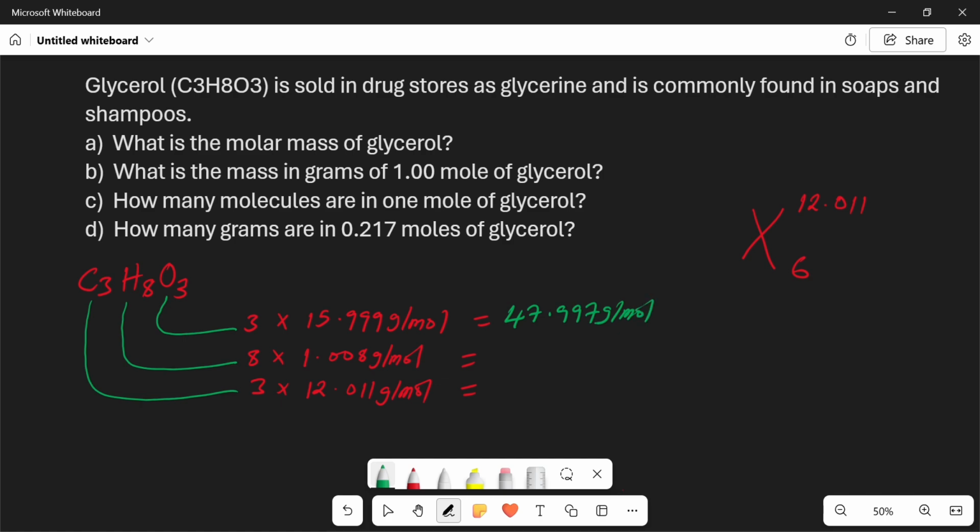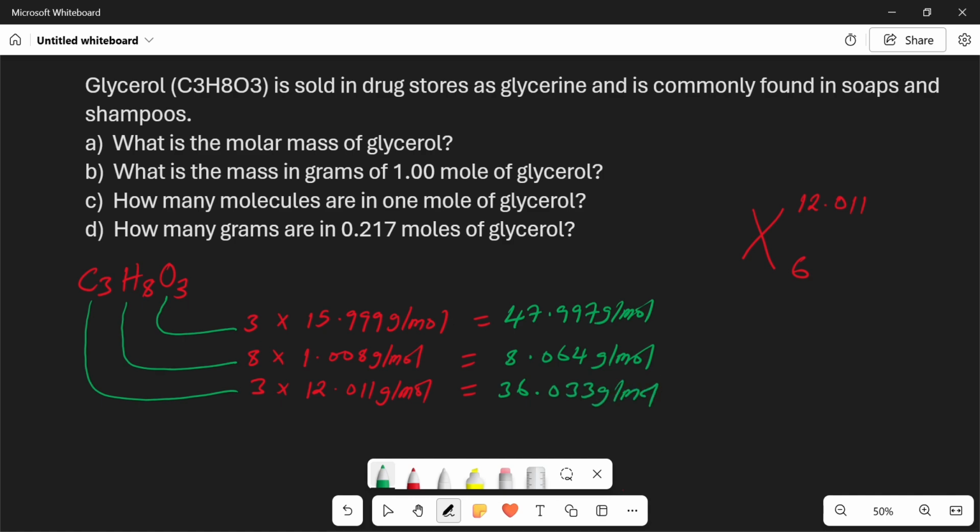Then for hydrogen, I'm finding 8.064, in the same units of grams per mole. And then for carbon, I'm finding 36.033 grams per mole as well.